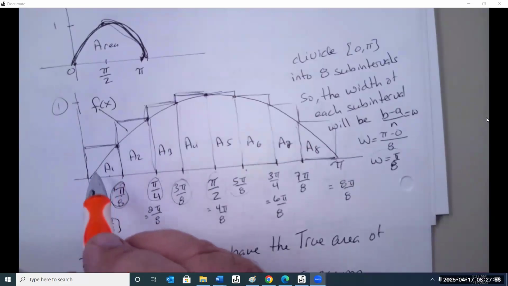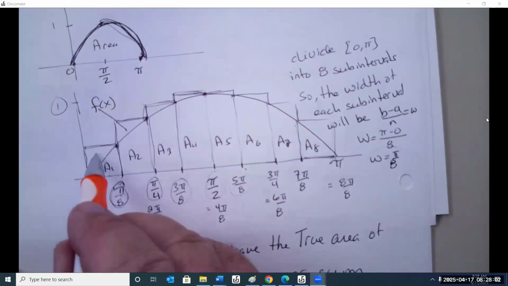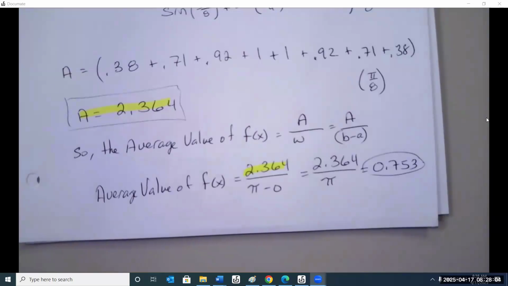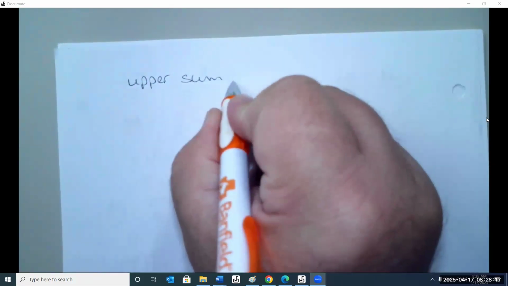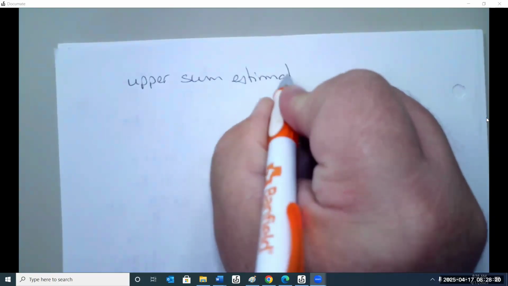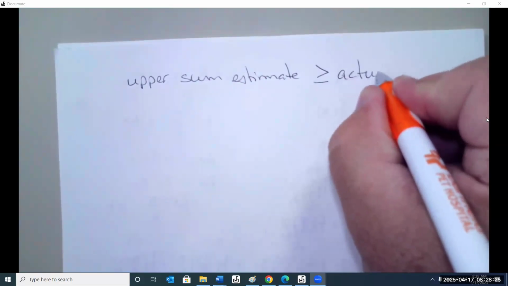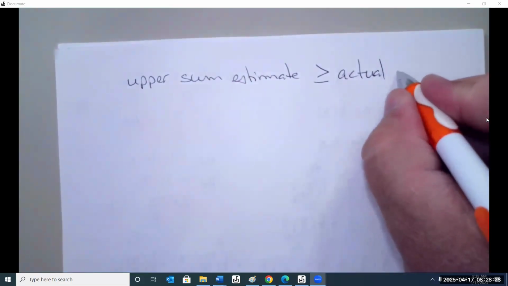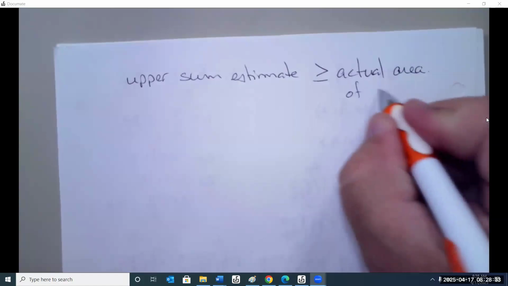Are these rectangles too much or too little? We have way too much, so our upper bounds, the upper sum estimate, will be greater than or equal to the actual area of our function.